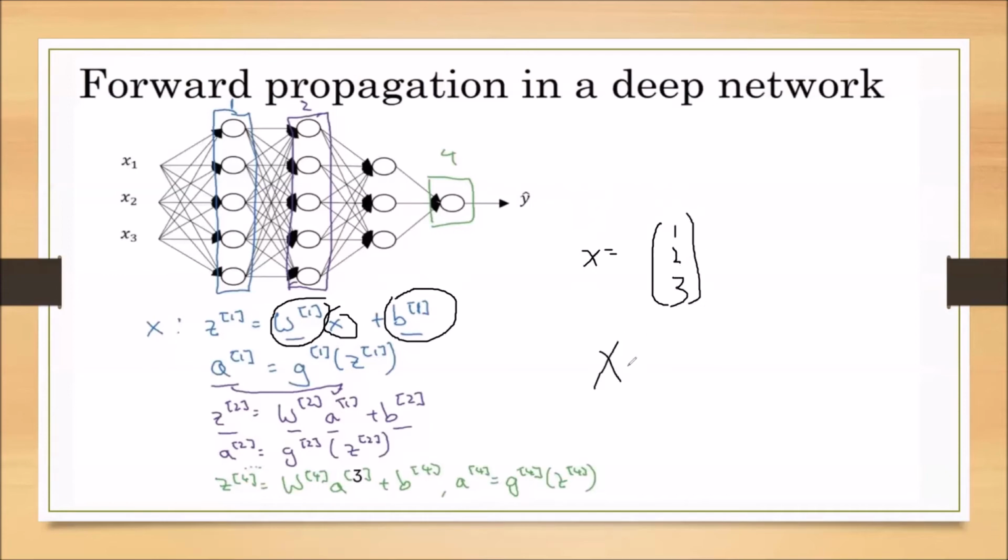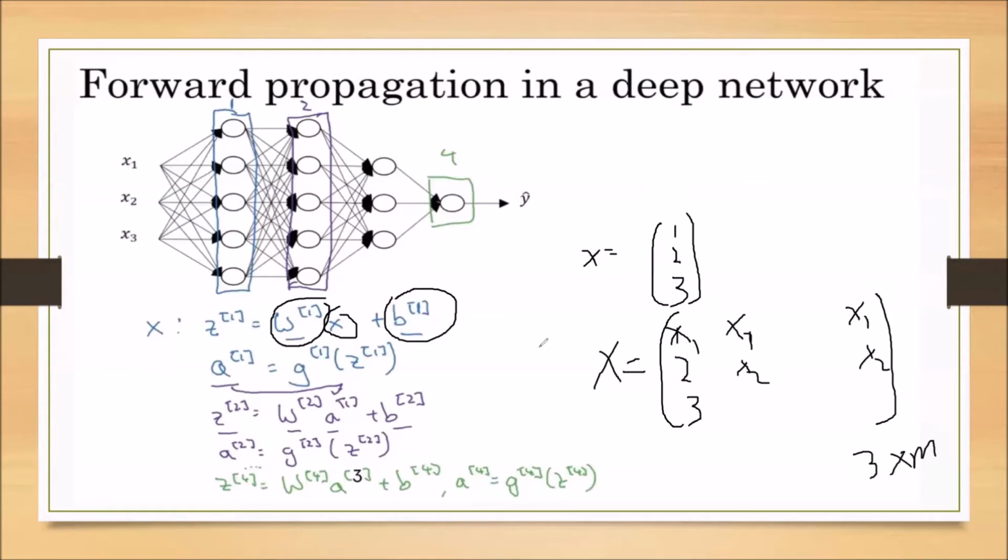Now, in the capital X, we are taking the input features of the first training sample x1, x2, x3, and input features of the second training sample x1, x2, x3. Similarly, input features of the mth training sample. So the capital X matrix is changed to a 3 by M matrix.